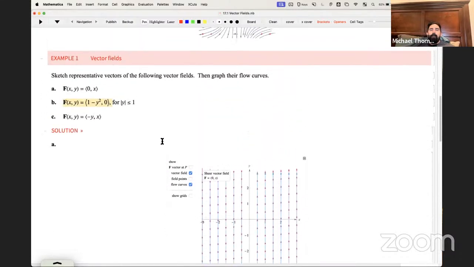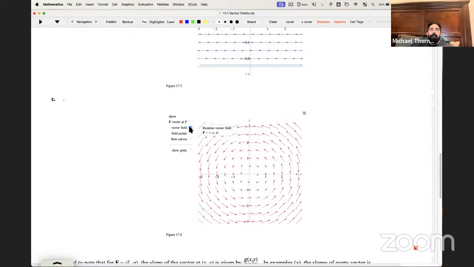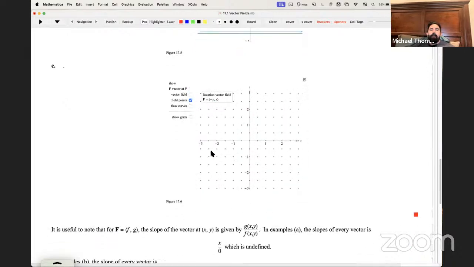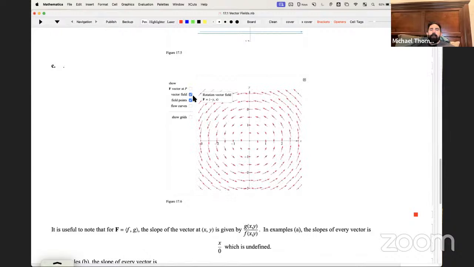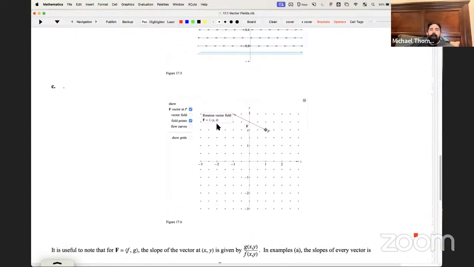Okay, let's do one more. Let's do this one. This is a rotational vector field, but let's check it out. Same thing, we start with some field points, pick a bunch of them and calculate their vectors. So we could go to 1 for x, 2 for y, plug it in, then plot the resulting vector at that point.